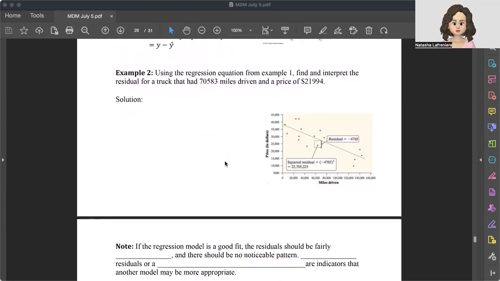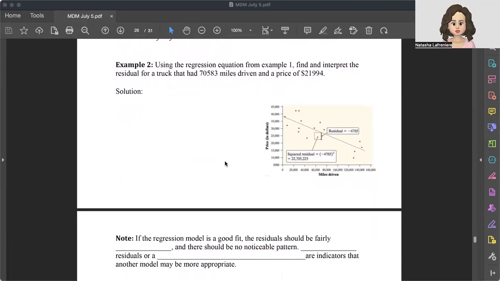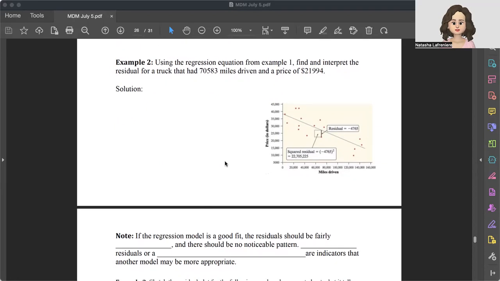Okay, so using the regression equation from example 1, find and interpret the residual for a truck that had 70,583 miles driven and a price of 21,994. Just gonna drink a bit of my coffee here.